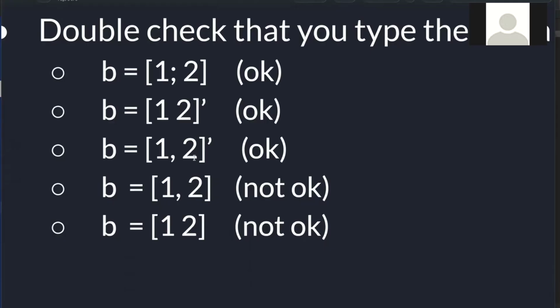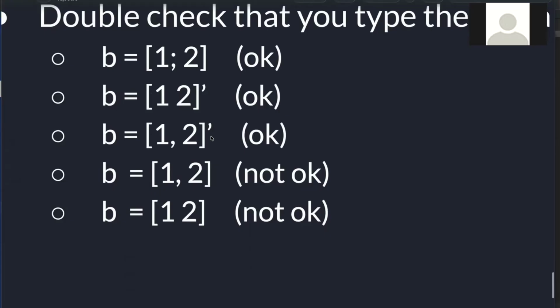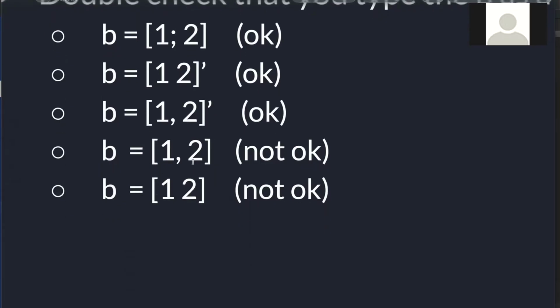You could type 1, comma 2, with an apostrophe. 1, comma 2 is also a row, so the apostrophe on the outside does the transpose and makes it a column. But if you type 1, comma 2 with no apostrophe, that's a row, and that's wrong. If you type 1 or 1, 2 with no apostrophe, that's also not okay.